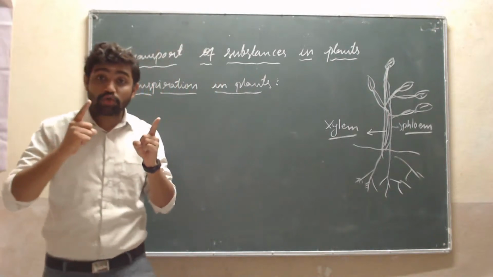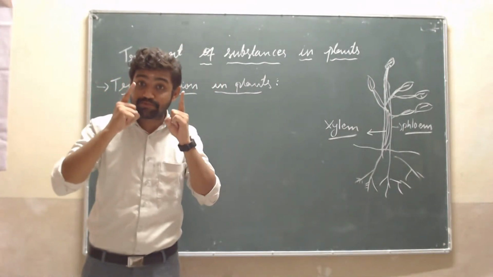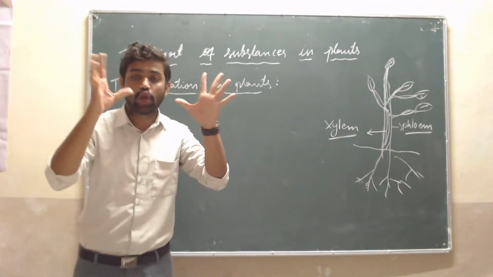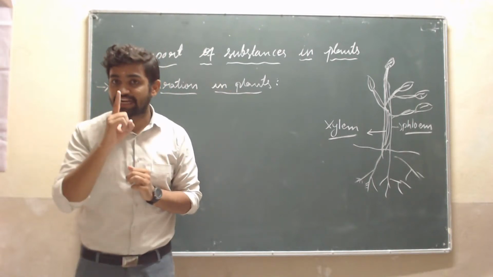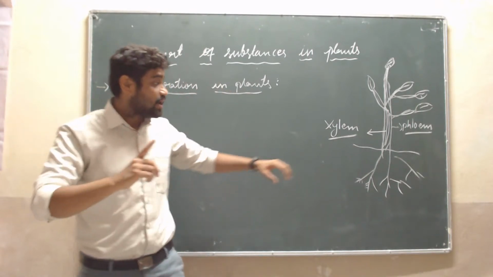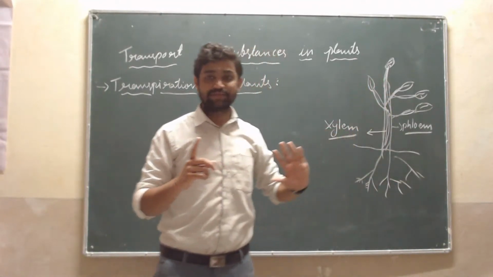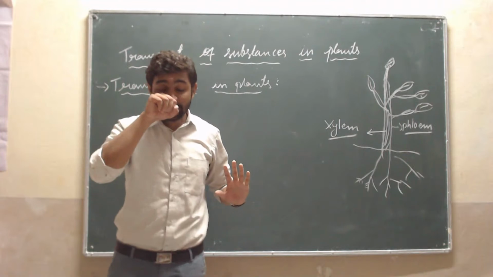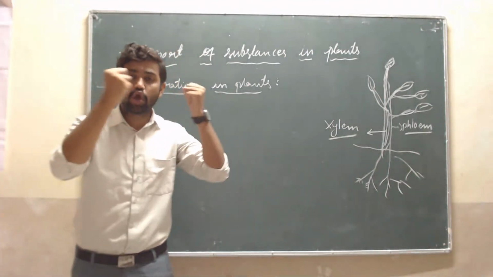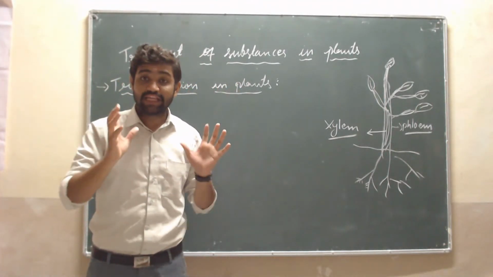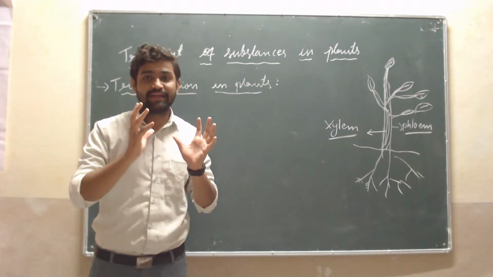But most of the water absorbed from the soil is lost. Are you understanding my point? Roots absorb the water and it is supplied to the leaves, and most of the water absorbed is lost in the form of vapor into the air.